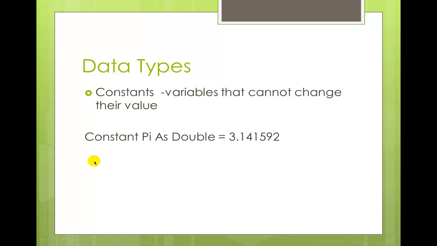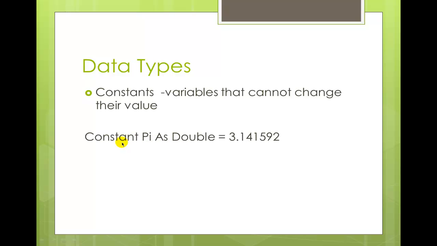Okay, something else we have are called constants, and they're kind of variables that can't change their value. Now, it's not exactly a variable because variables are things that change their values. But anyway, the way you define a constant is something like this. Suppose I want to define a constant called pi, I could say constant pi as double.